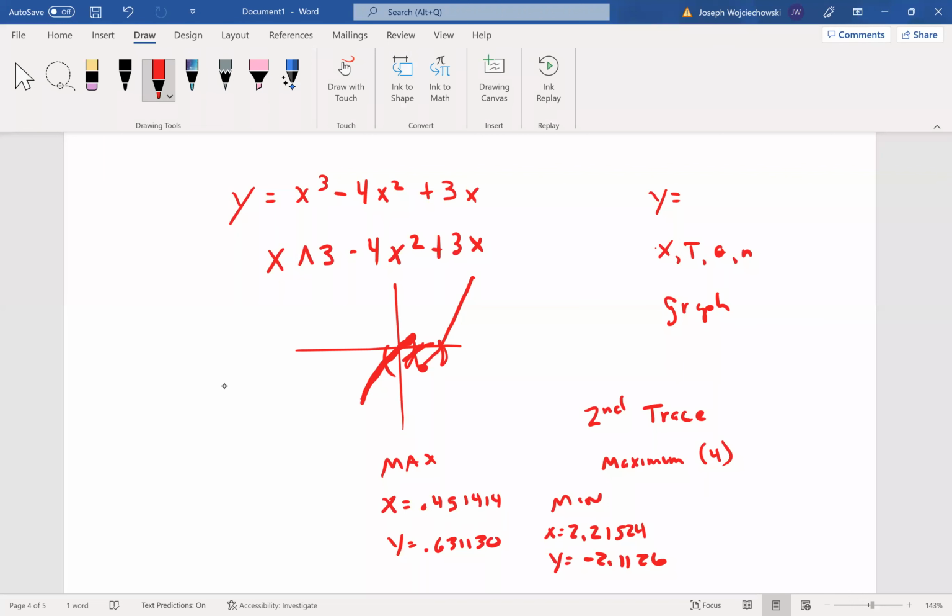Now, one of my issues with using the calculator for this, we usually say around 2 decimal places because different calculators can be slightly off when we get further on. Mine actually has 2 more decimal places. So this would be my maximum, I would put 0.45, 0.63, and my minimum, I would put 2.22 and negative 2.11.